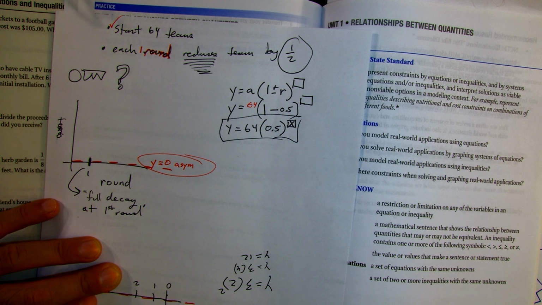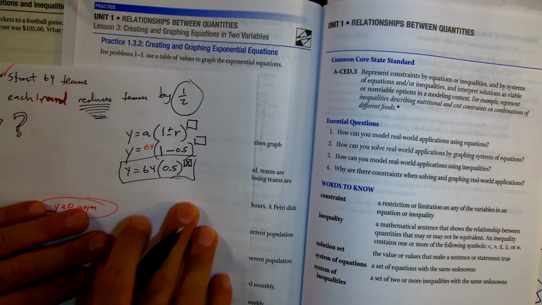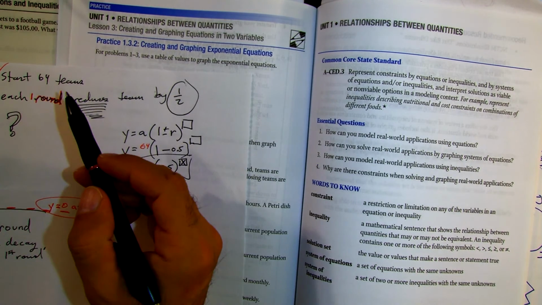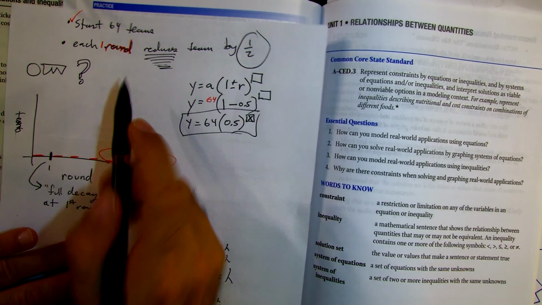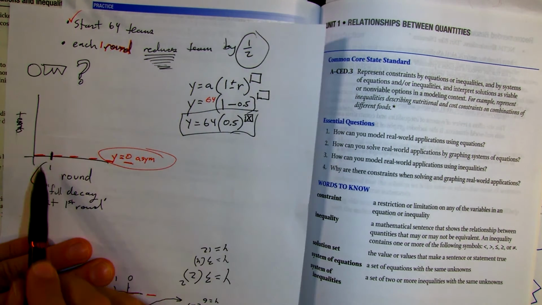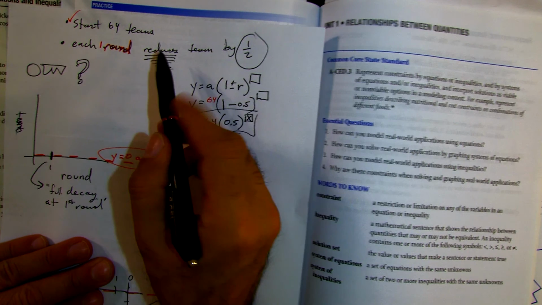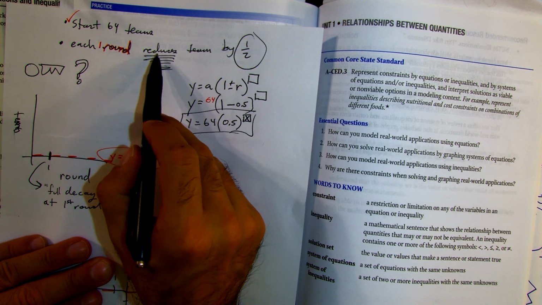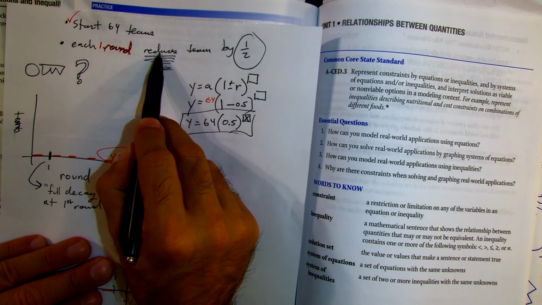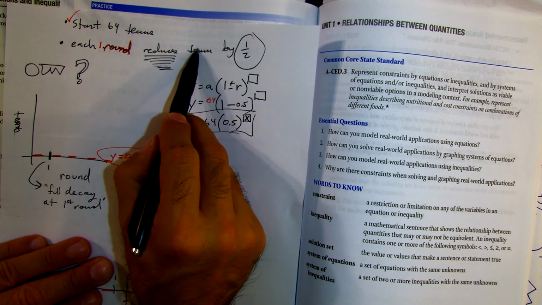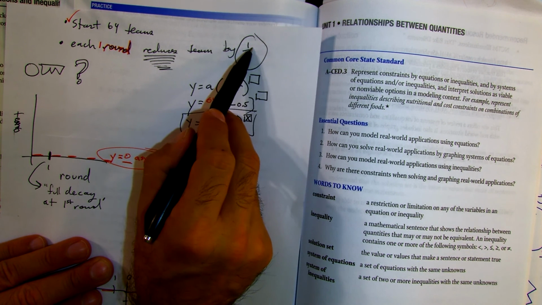Where does it say 1/2? Oh, I see. Okay. But look what we're talking about. Each round, right? The number of teams reduces. Each round, it reduces teams by a half.